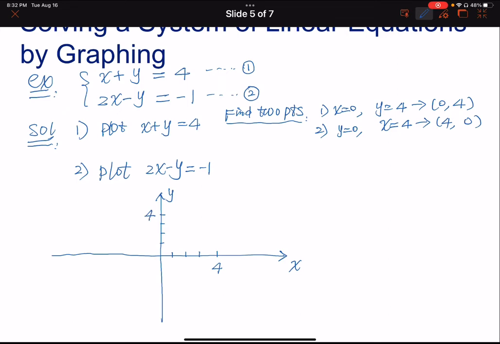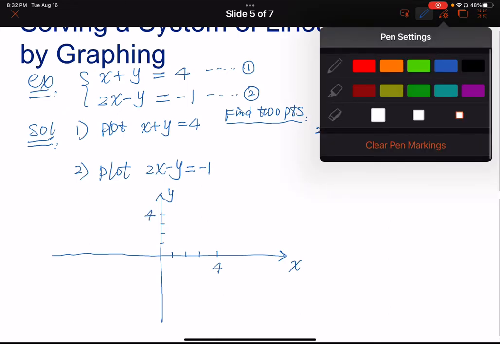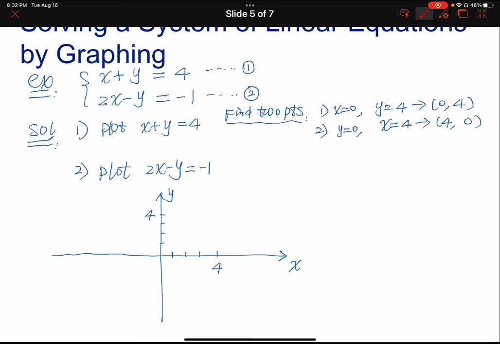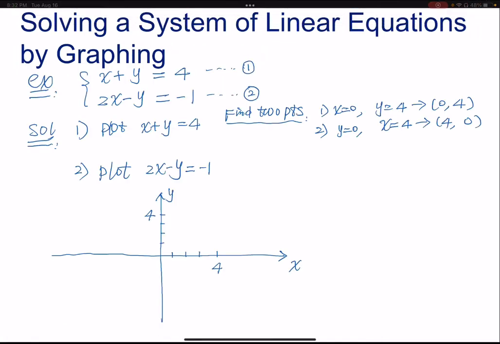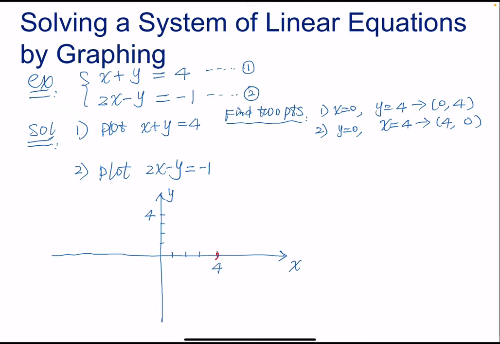I'm going to change the color to red, because the line passes through those two points, (4, 0) and (0, 4). So here is the line. That's the first line.